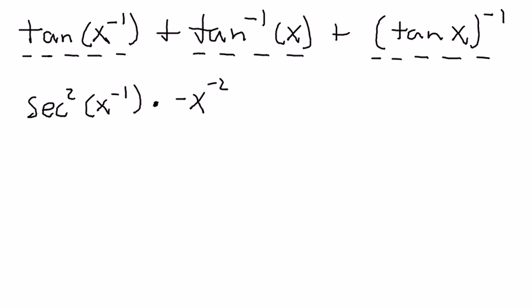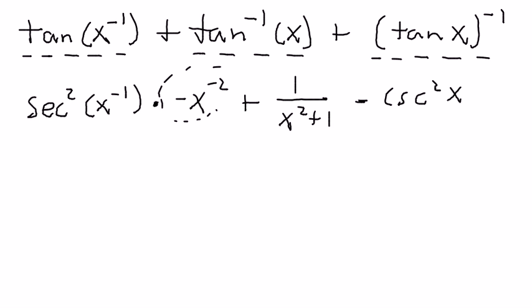The derivative of inverse tangent that I just showed you is 1 over x squared plus 1. This one is the derivative of cotangent. The derivative of cotangent is negative cosecant squared. You have to remember all those derivatives we did from a while back. And then really the only simplifying is I could put this part in a fraction.